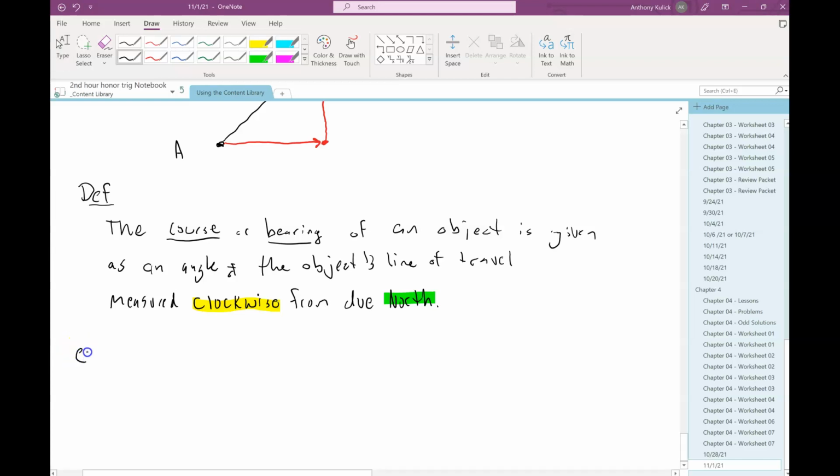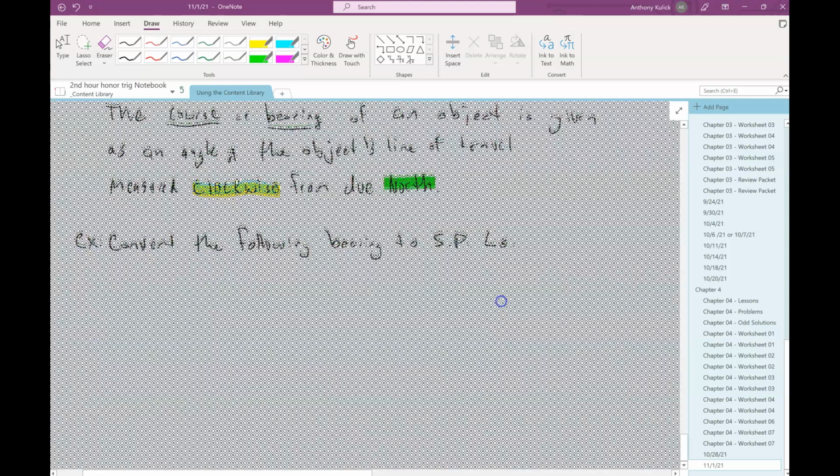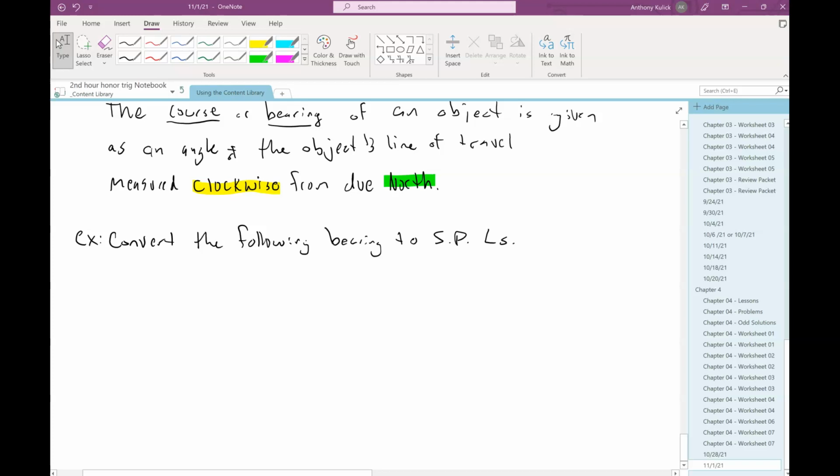So let's just start with some examples here. We're going to start with just giving you some bearings and convert these into standard position angles.